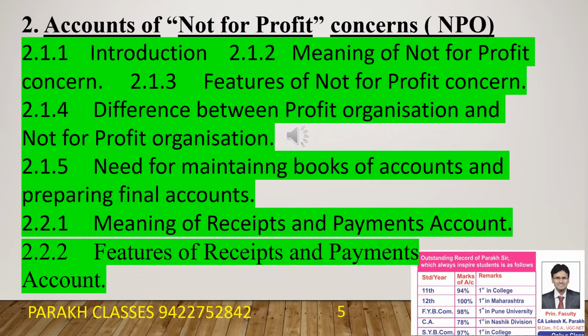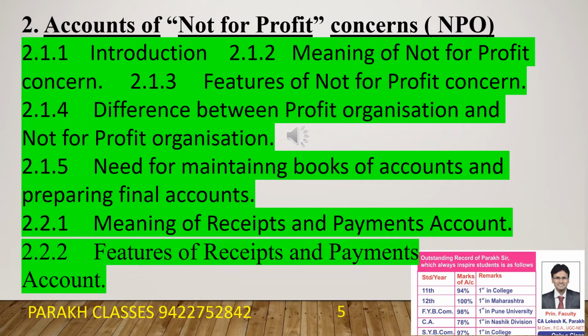Next topic comes accounts of not-for-profit concern, that is NPO, non-profit organization. Introduction, meaning of not-for-profit concern and features of not-for-profit concern. What is this not-for-profit concern? They are not for earning profit, but they are for giving services.